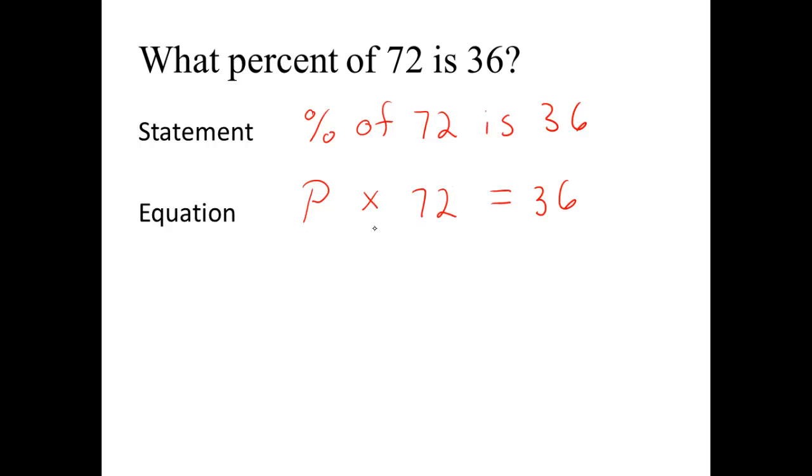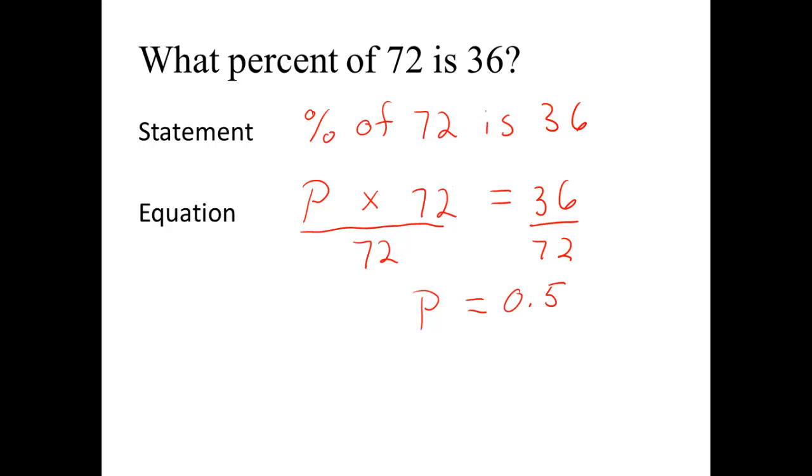72 is attached to our variable by multiplication. The opposite of multiplication is division, so we will divide both sides by 72. And we get p equals 0.5. This is in decimal form, and we must change it to a percent.